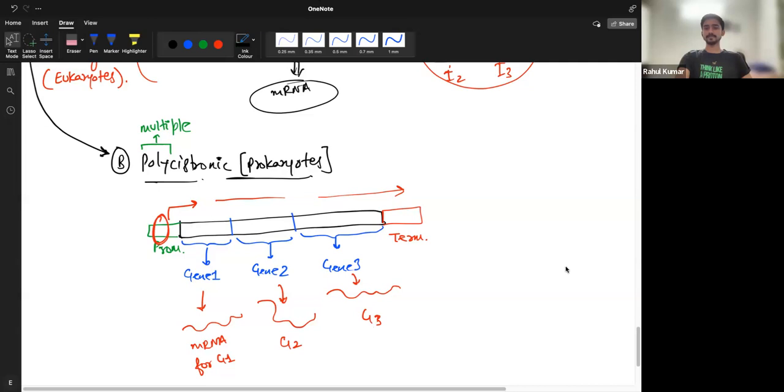Yes. So suppose you want gene 1 to be expressed and not gene 2, can you do that in a polycistronic structural gene? No, right? Because once it starts from the promoter, it will go all the way till the terminator, and all these 3 will be transcribed.